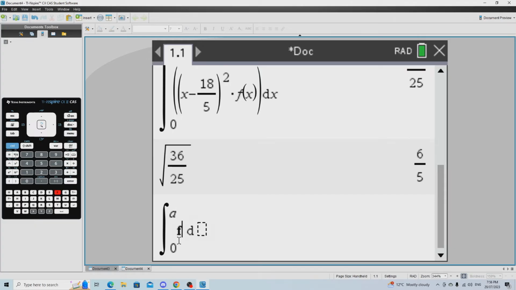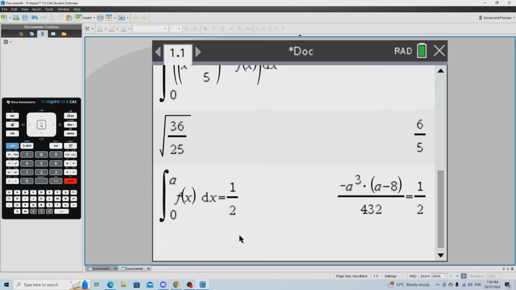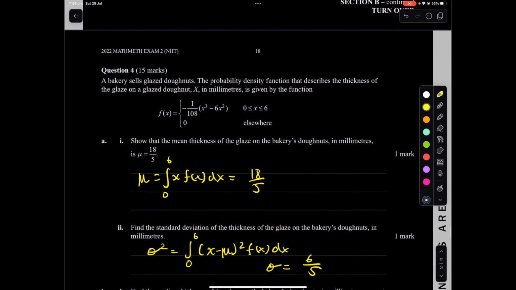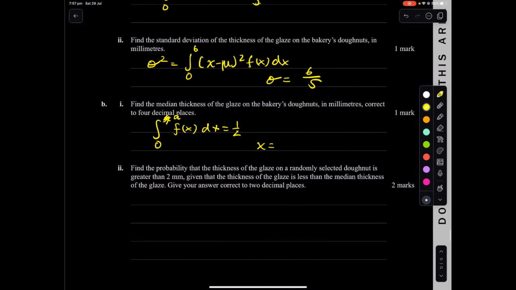The integral of the function f of x dx from 0 to a should equal half. So if we solve, answer comma a, we get a equal to this and that. But we know a is between 0 and 6, so a is equal to 3 point this, correct to 4 decimal places. So your median is equal to 3.6856.